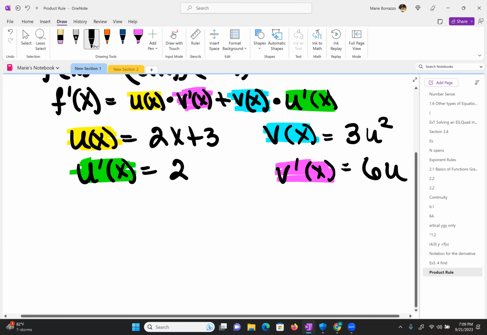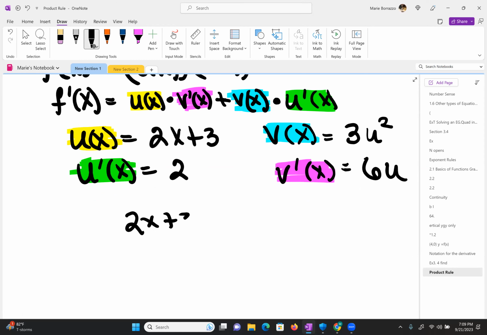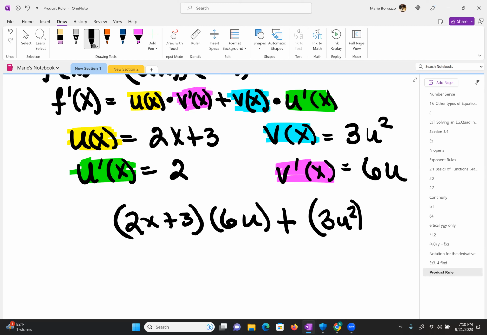You can't go wrong. So this is going to simply be 2x plus 3. And you're going to multiply that times 6u plus 3u squared times 2.